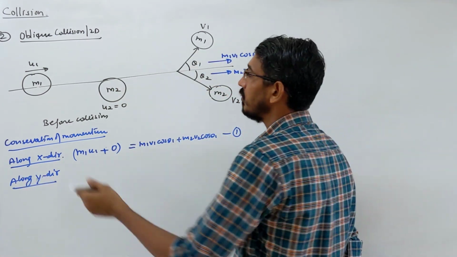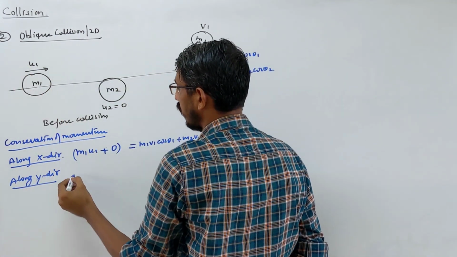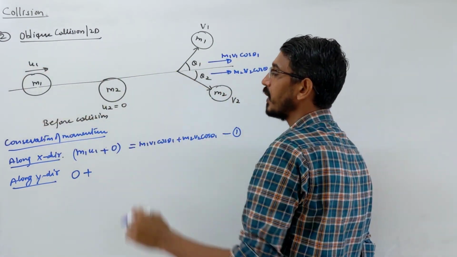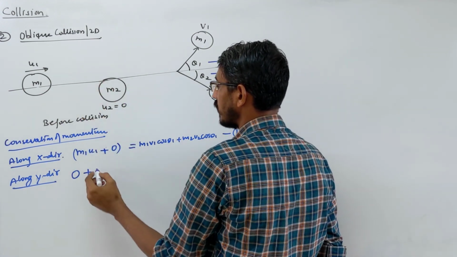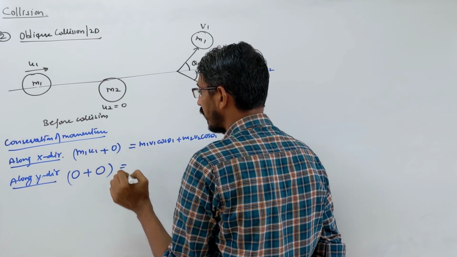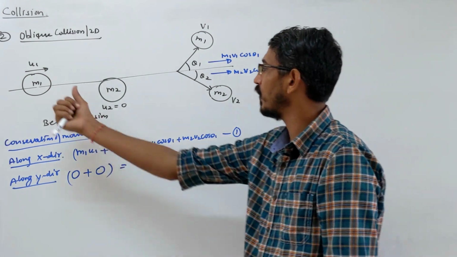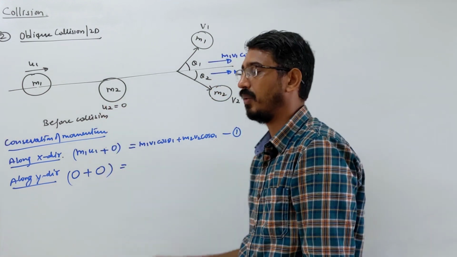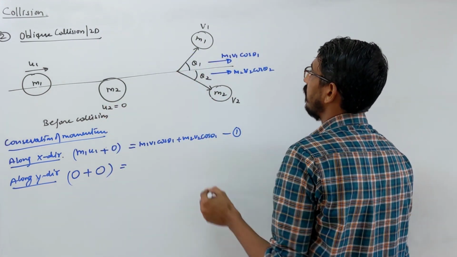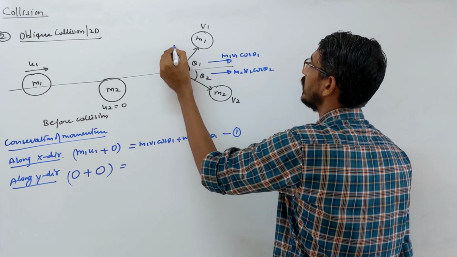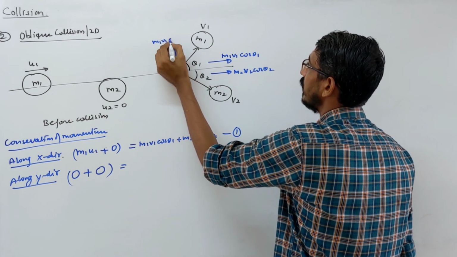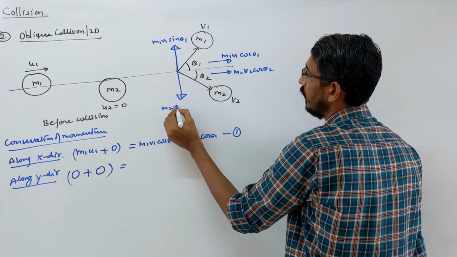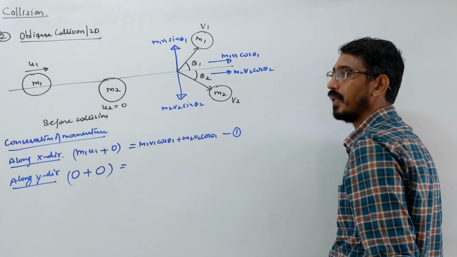Along the y direction, this ball was moving horizontally, so there is no vertical component. This ball was at rest, so its momentum is 0. This is the initial momentum in the y direction. Finally, the component of this ball along that direction is m1 v1 sin theta 1, and the component of the other is m2 v2 sin theta 2.